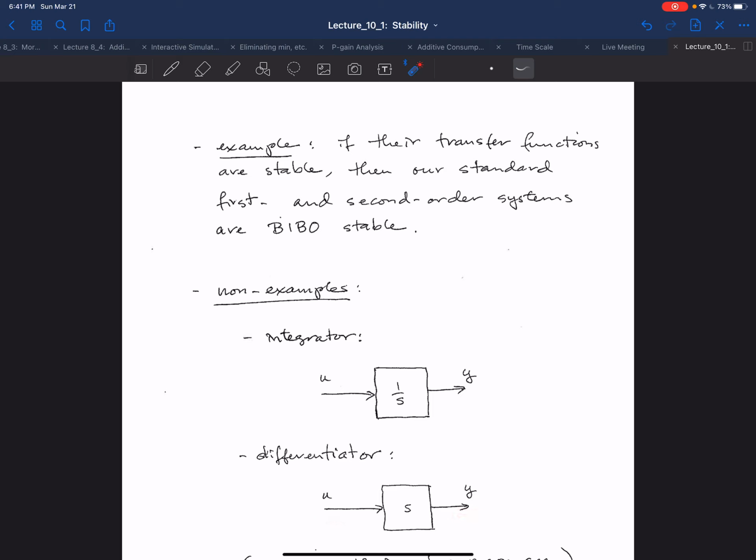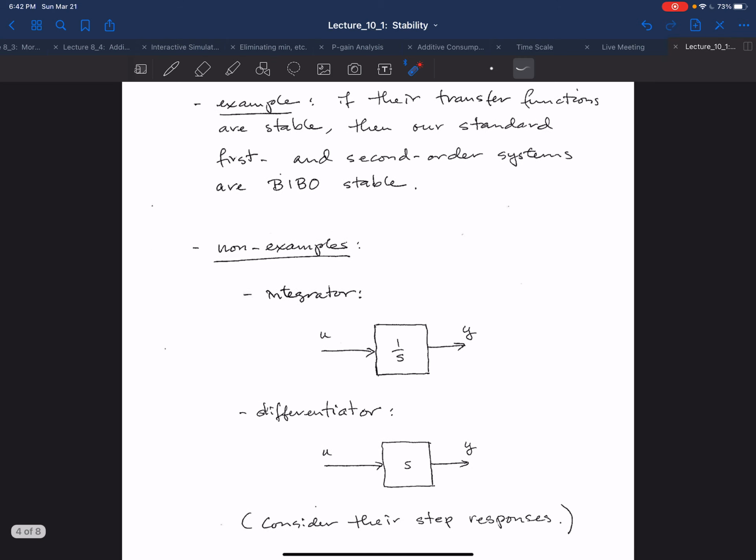You can think of it as an infinitely high but infinitely narrow spike, so it's not a bounded function. So neither an integrator nor a differentiator is a bounded input, bounded output system. And again, in both cases, you can see that by thinking about their step responses for both these examples.